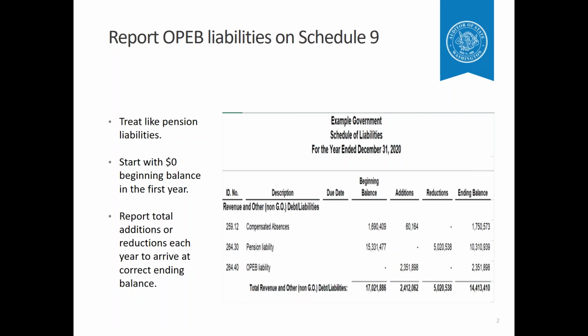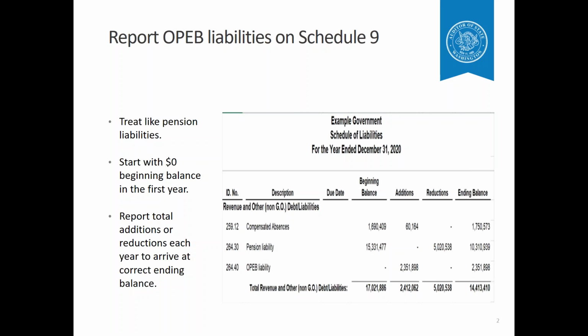I have a clarifying question on the beginning balance. If I have not reported OPEB before, is my beginning balance 0, or do I use the beginning balance calculated in the tool? Use 0 if you've never reported it before. I have another question related to the beginning balance.